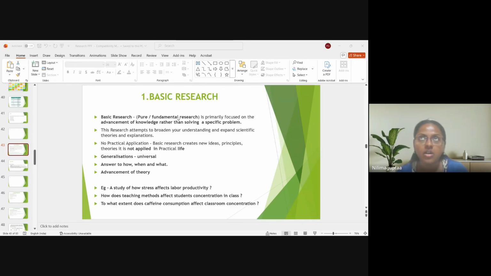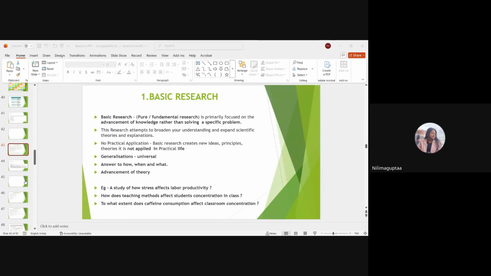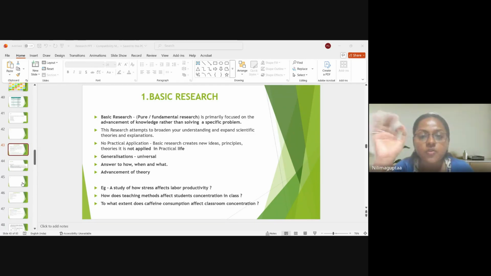Very important: there are three researches back to back which will be overlapping. So all these highlighted parts, please pay attention. It is very much pure and it is fundamental. The very primary purpose of this research is the advancement of knowledge rather than solving a problem.